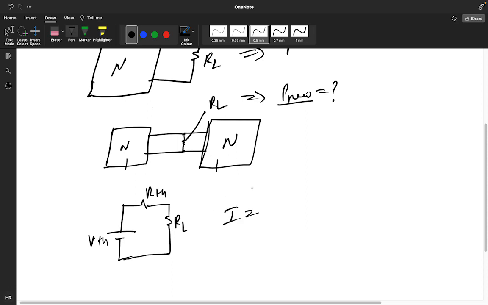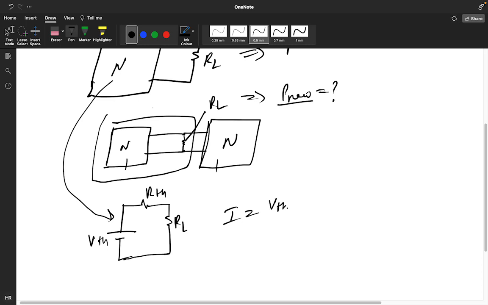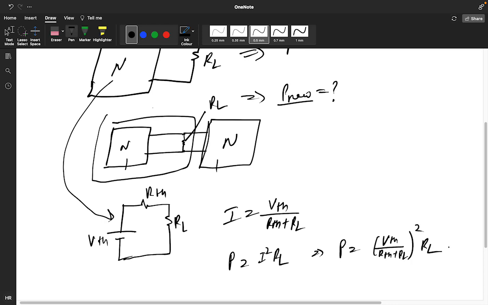In the first figure, when the power was P, I will be VTH divided by RTH plus RL, and power P will be equal to I square into RL. So power you are getting as VTH divided by RTH plus RL, the whole square, into RL.